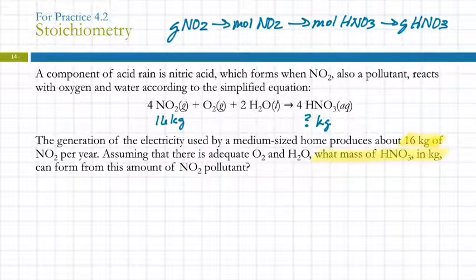Yeah, we're going to have to do grams to kilogram, right? And kilograms to grams. So we can take this and add a step in the beginning and do kilograms of NO2 to grams of NO2. And then we could add another step at the end where we go grams of HNO3 to kilograms of HNO3.